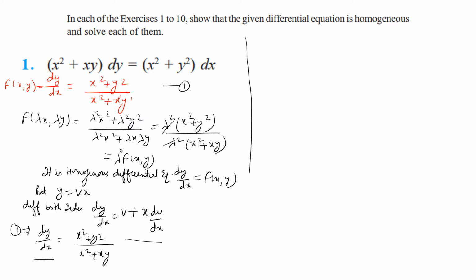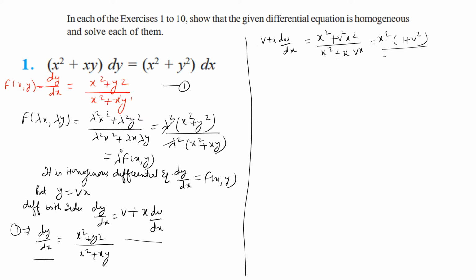So we will get v plus x dv by dx equal to x square plus v square x square upon x square plus x vx. The substitution is for y only, or you can express it in the form of y upon x, but it can be carried out like this also. You can take x square common because the whole question will now change in the form of x and v.